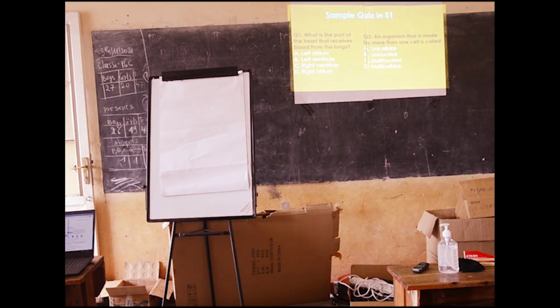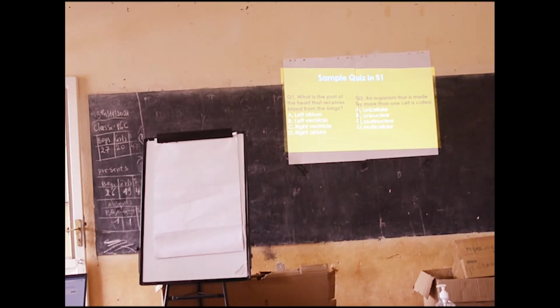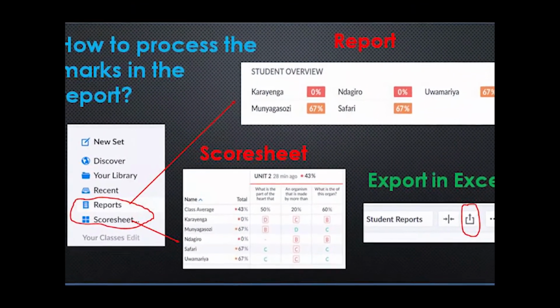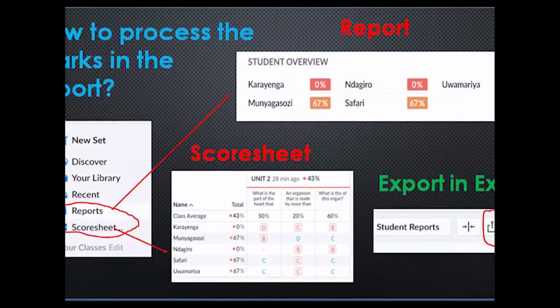do you see? If I click on report, I will see my students who have done this question. Beatrice has got 50%. Among the two questions, she got one.